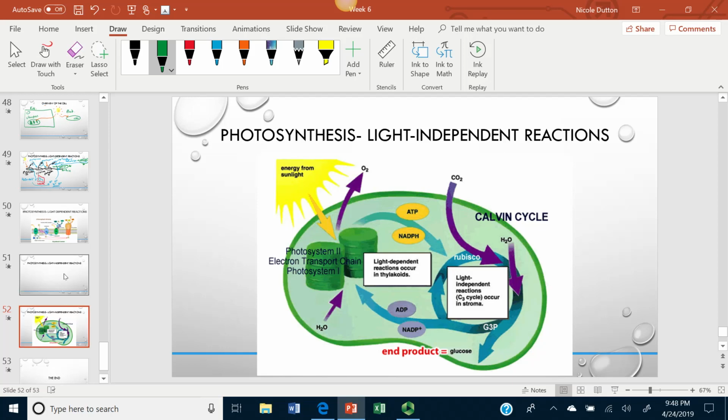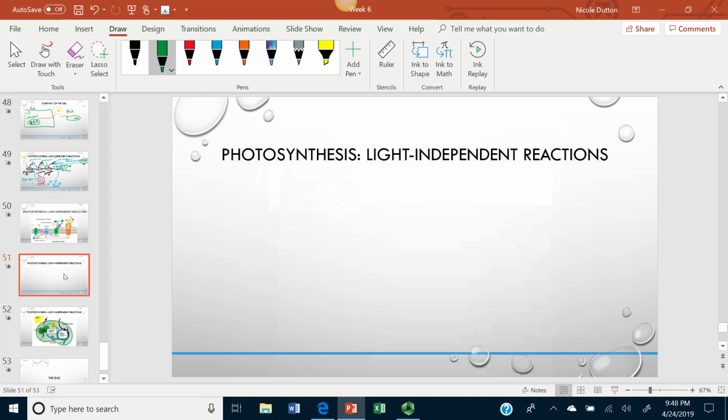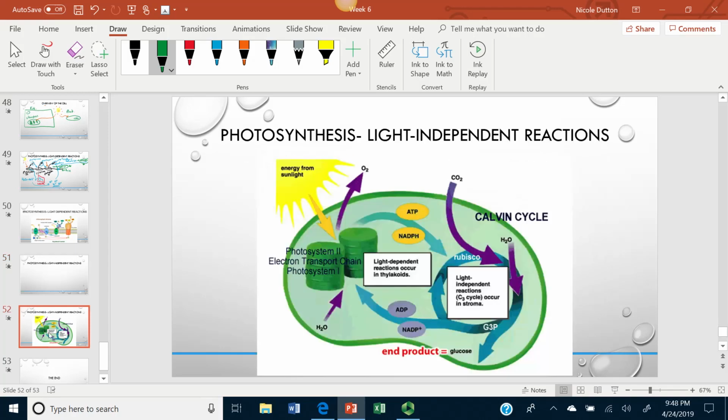So now in the light-dependent reactions, we don't really need this slide because it's all kind of covered right here. With the light-dependent reactions, you have ATP and NADPH coming from the light-dependent reactions, and they enter into the Calvin cycle. So the Calvin cycle is depicted here.